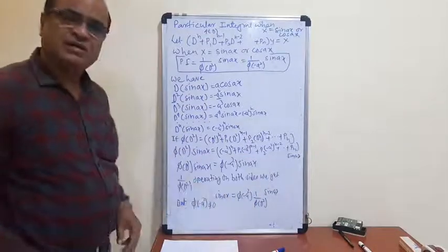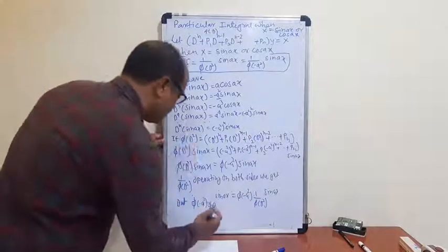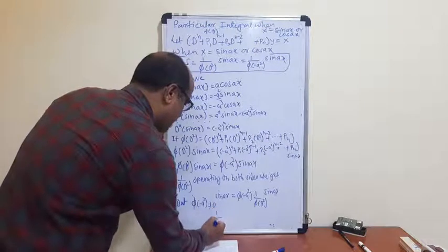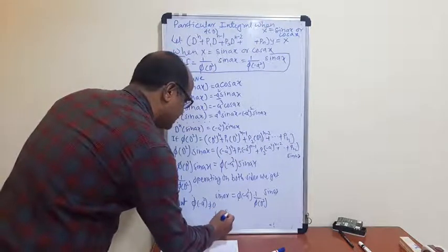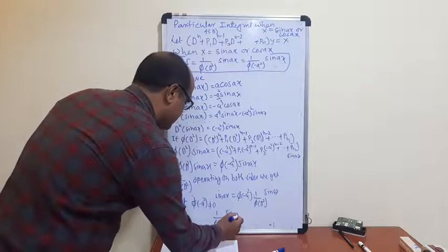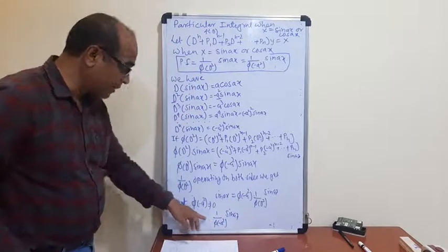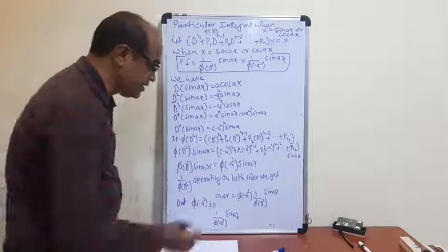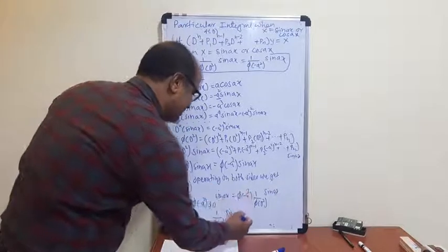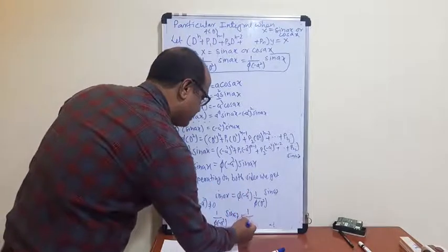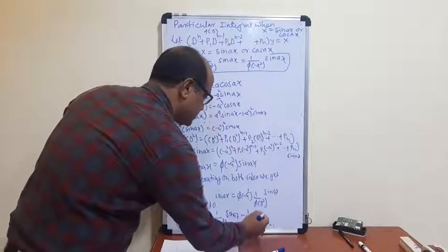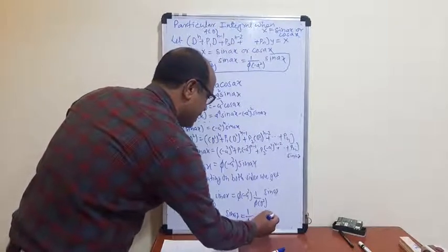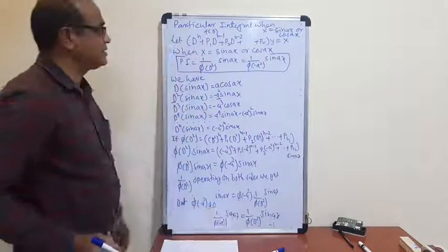So 1 upon phi of minus a square into sin x. Dividing by this factor, this gets cancelled, so we get 1 upon phi of d square sin x. This is the particular integral.